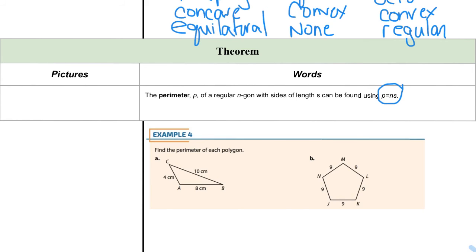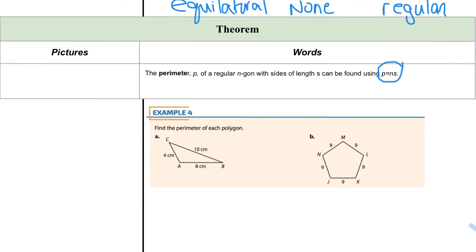So let's look at example number 4 and what we mean by that. I'm going to start with B first, because B is a regular n-gon. It is equilateral, at least, but without going into it, it is a regular pentagon.